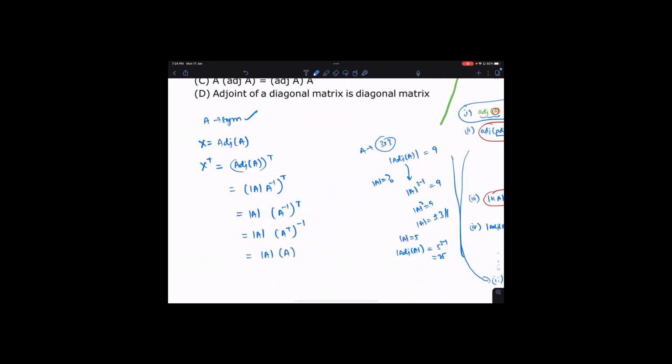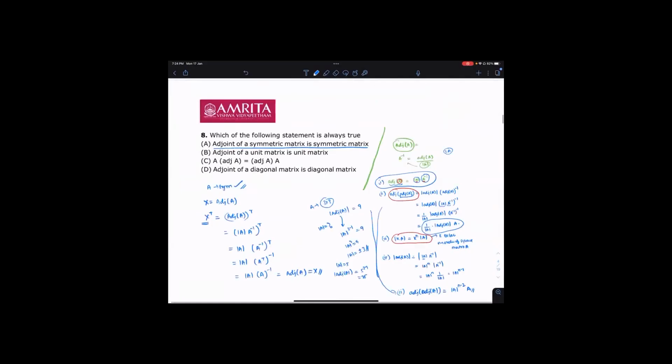A, because A is symmetric. What is det A into A inverse? Adjoint of A. Right? So what is X transpose? Again X only. So adjoint of a symmetric matrix is a symmetric matrix. That way you solve the other three. Other three are actually easy compared to this one.